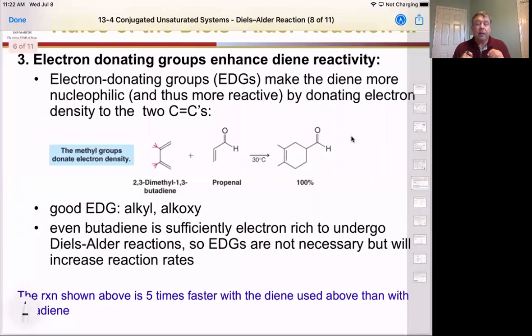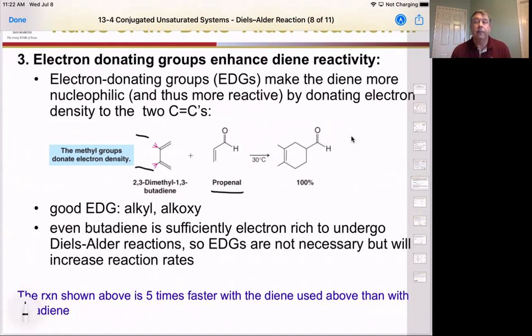Okay, so if electron withdrawing groups on the dienophile enhance the reactivity, that means electron donating groups on the diene also enhance reactivity. The more electron density on the diene, the more it's going to react. So just by having a methyl group on this butadiene, it enhances the reaction and it happens at a lower temperature.